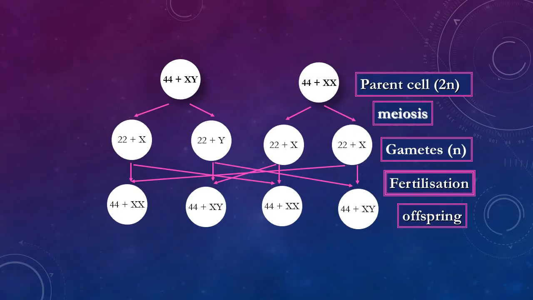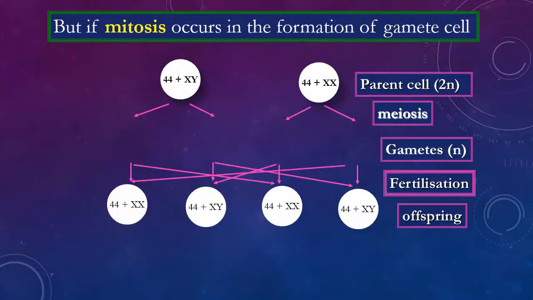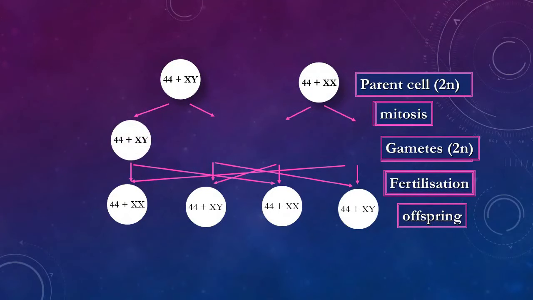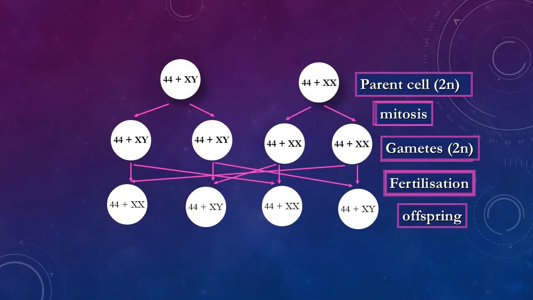So we can see the offspring that are produced have the same chromosomal number as their parent cell after fertilization. If mitosis occurred in the formation of gamete cells, then the gametes produced would be diploid, exactly the same as the parent cell.